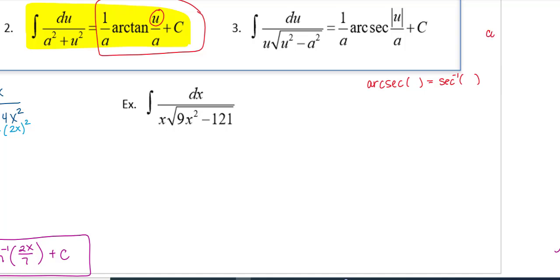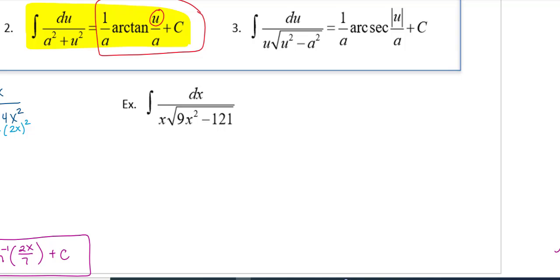So for example, I will never write cosine of x to the -1 as an exponent, meaning to reciprocate, because that is secant of x. If I reciprocate cosine, I get secant of x. So some people just prefer to write arcsecant, arccosine, etc., to lessen that confusion of what's an inverse trig function and what is an exponent. But we really don't write trig to a negative exponent because they have names.